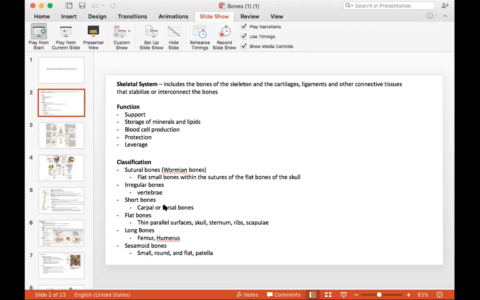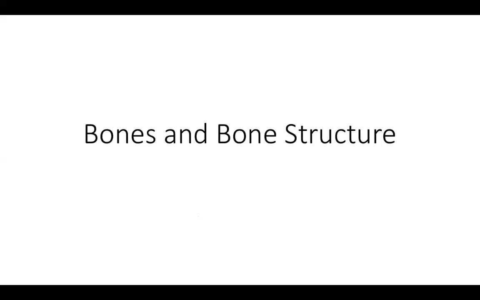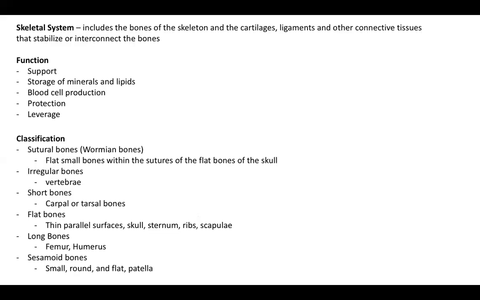So the skeletal system includes the skeleton, all the cartilage and bone ligaments that make up the structure in the body, the support system in the body. Okay. It adds support. It is a storage for minerals and lipids as well.